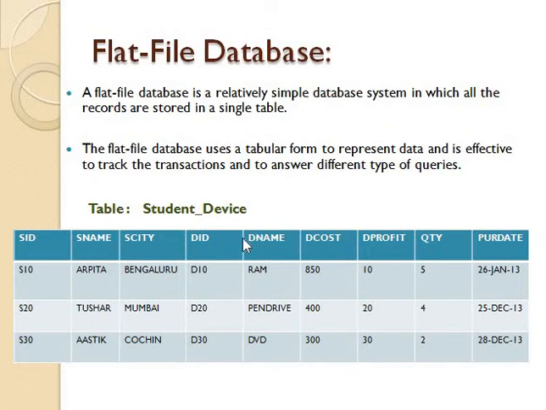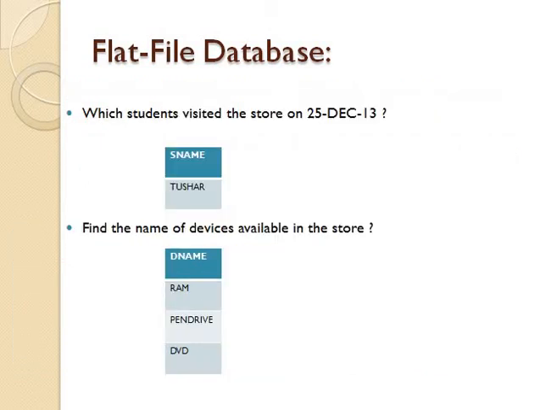And for this field, the list shows 3 devices: RAM, pen drive, and DVD. That's why the output shows the field device name or DName having 3 items, which are RAM, pen drive, and DVD.